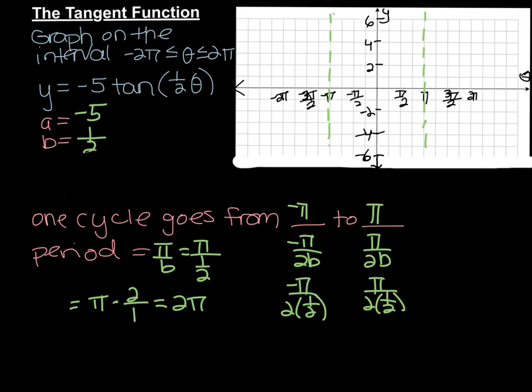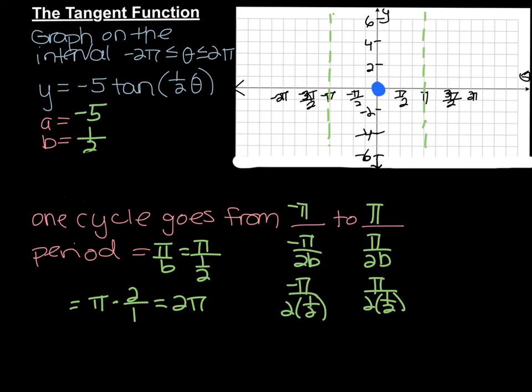So in order to graph the tangent function, the first thing we're considering is the asymptote. If we're looking at the asymptotes of negative pi and positive pi, halfway between them is the first point at 0. After that, we're going to look at the asymptote and 0. Halfway between those 2 points is the negative a value. Well, if the a value is negative 5, that means that negative 5 is actually going to be positive 5.